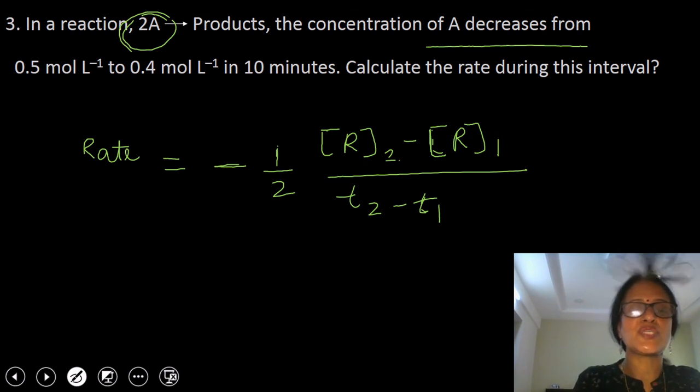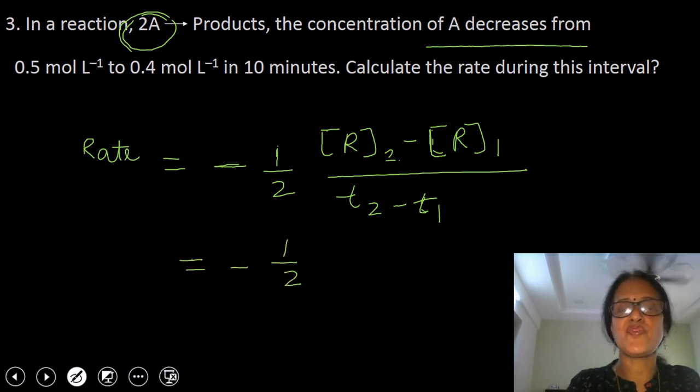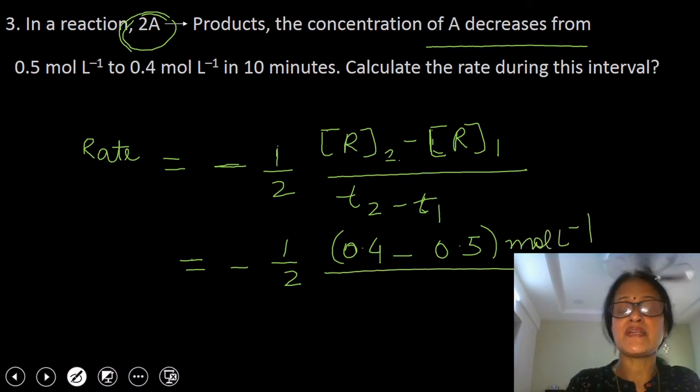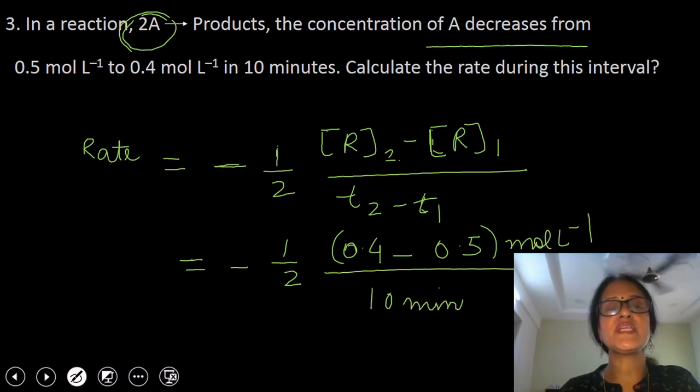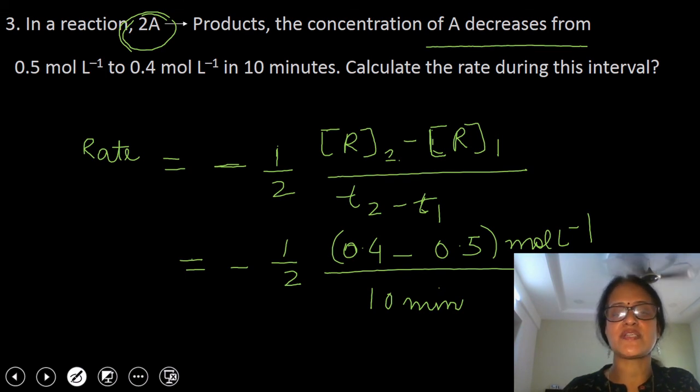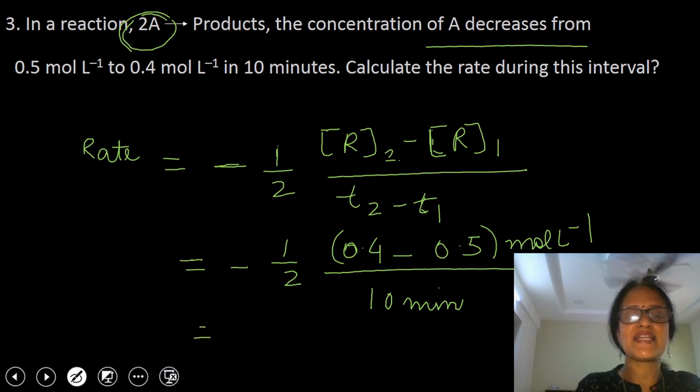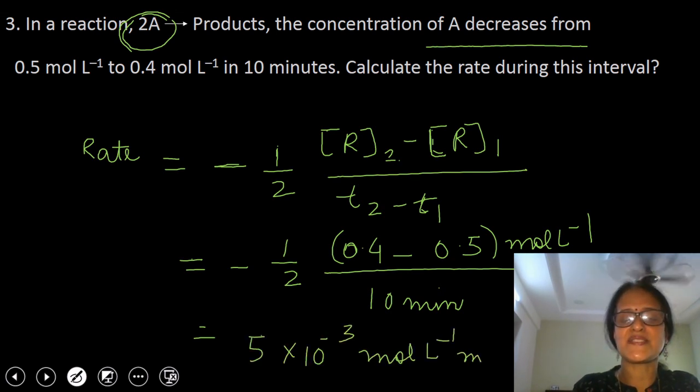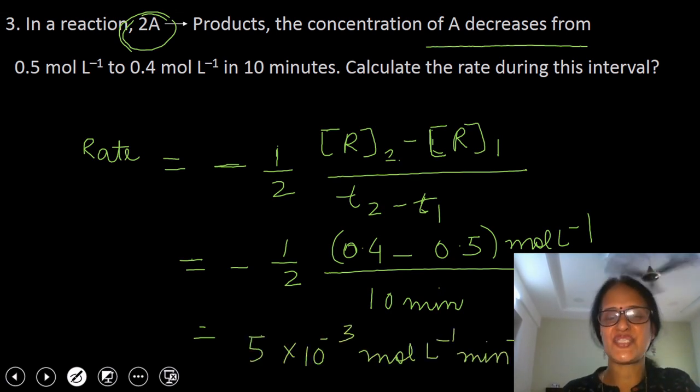So it will be equal to minus 1 by 2, R2 is equal to 0.04 minus R1 is 0.5 mole per liter divided by time period. As the time period is 10 minutes, it will be divided by 10 minutes. So on calculating, we will get the answer 5 into 10 to the power minus 3 mole per liter per minute. I hope it is clear to you.